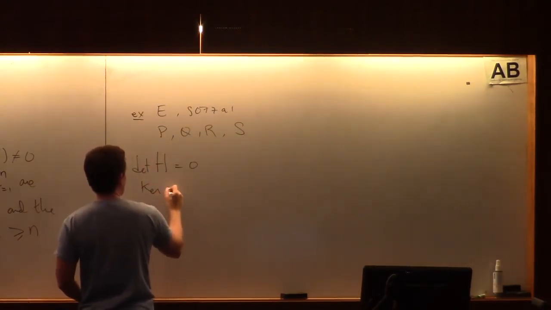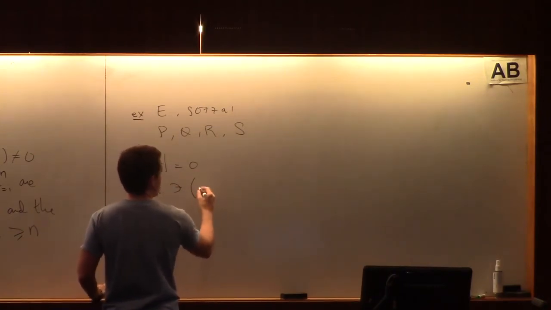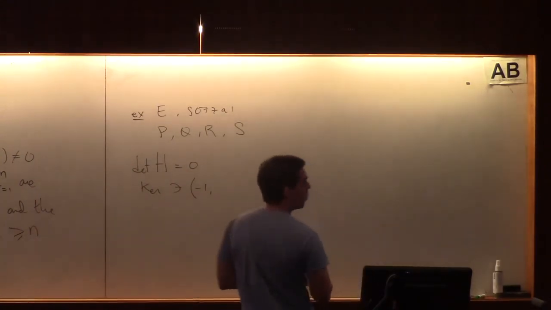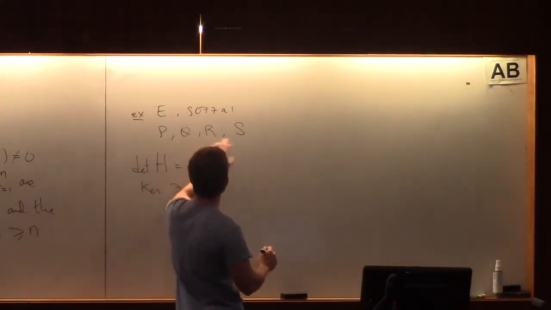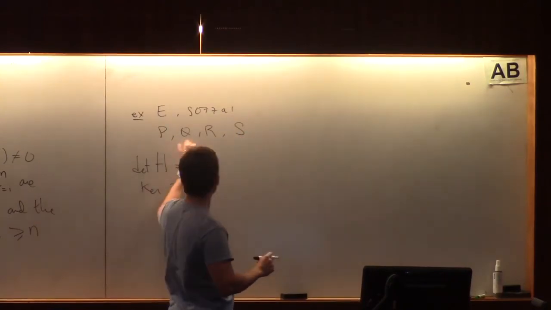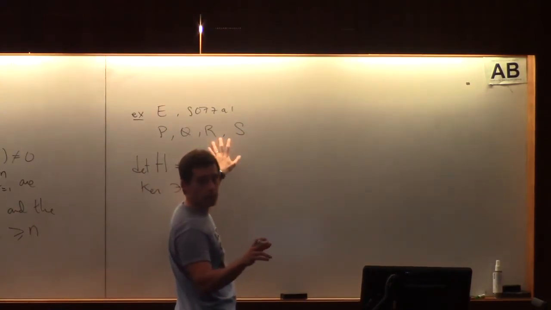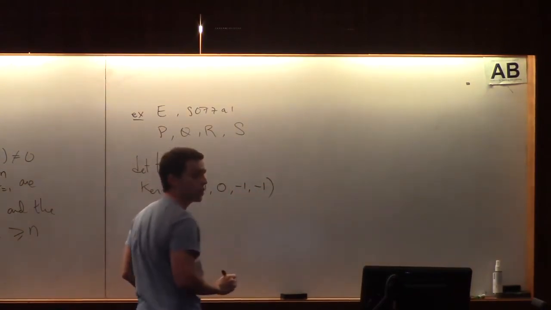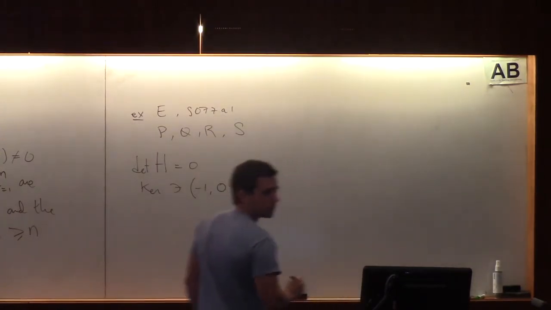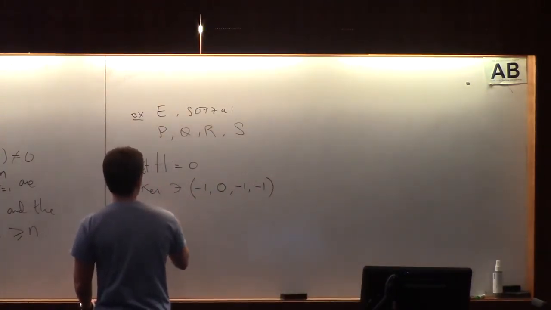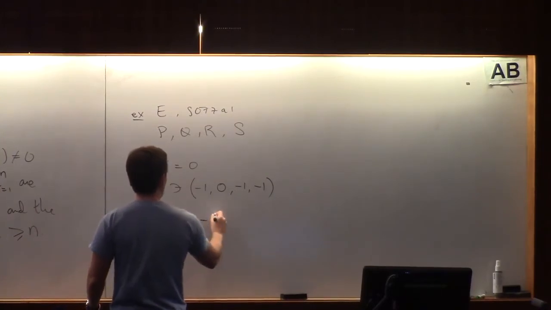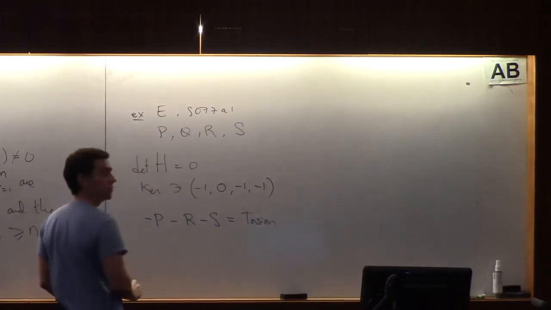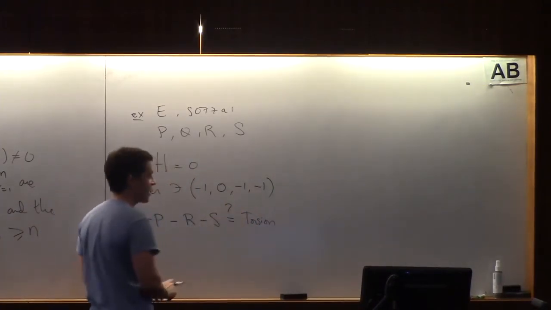The kernel seems to include minus 1, comma, minus 1, comma, sure. This PQR and S, this PQR, I think have changed with Magma. So we'll have to make sure what those are. But I think it's telling me that it is in the kernel, right? So what that says then is that minus P minus R minus S is torsion. Okay? This is what it suggests.